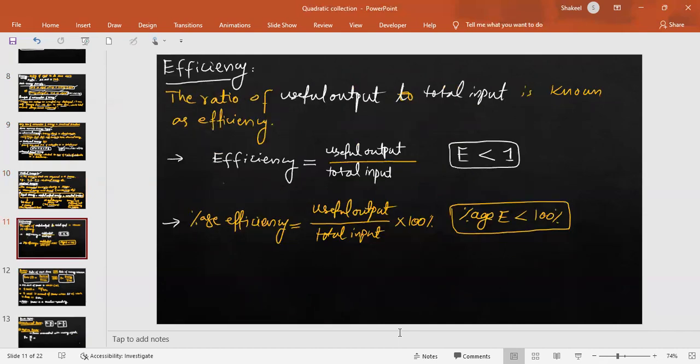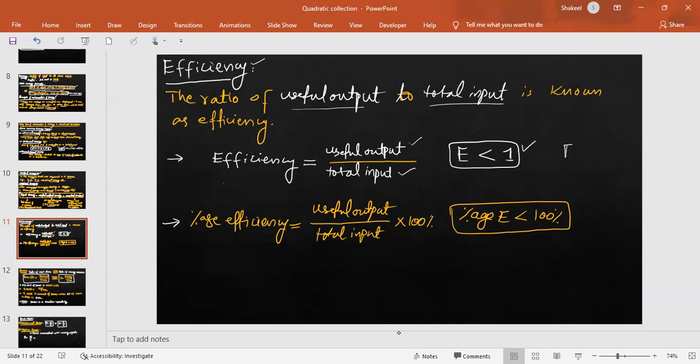We have to talk about efficiency now. This would be similar to what you have done in your IGCSE O level. It is the ratio of useful output to total input. Efficiency usually has two equations, one without percentage and one in percentage. So efficiency is useful output over total input, and its answer is always less than 1.